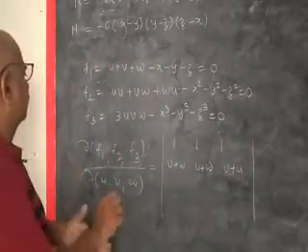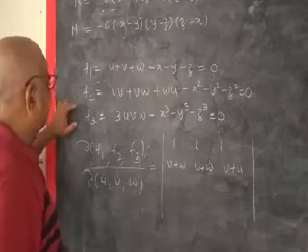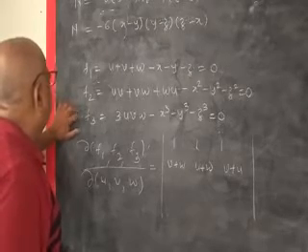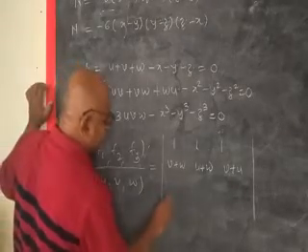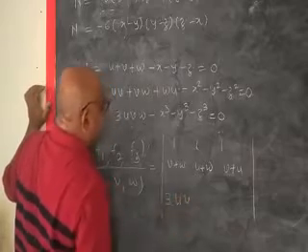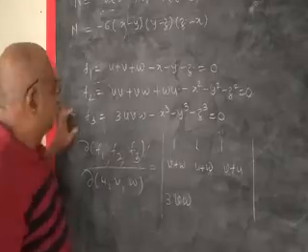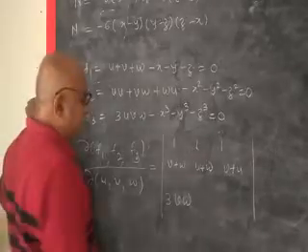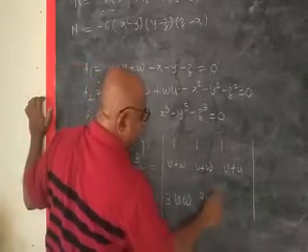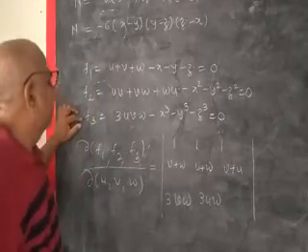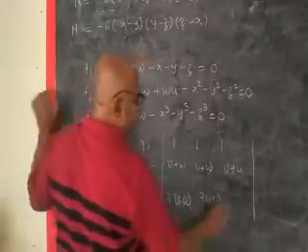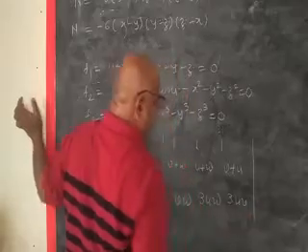Now derivative of f3 with respect to u is 3vw. Derivative with respect to v is 3uw, and derivative with respect to w is 3uv.